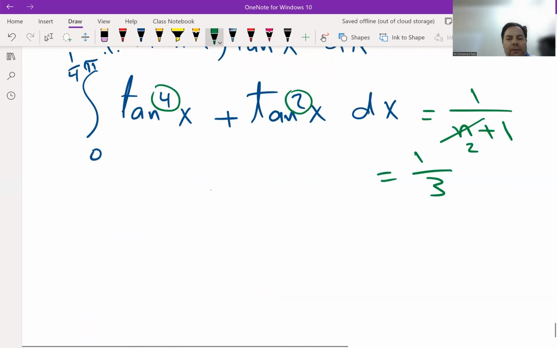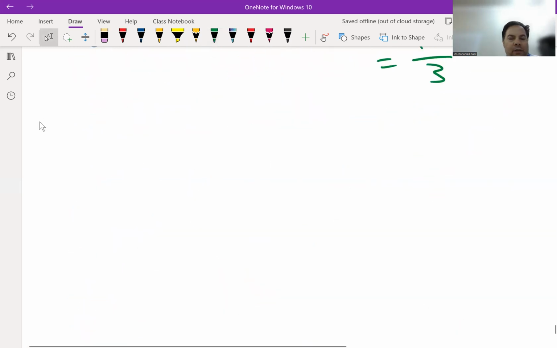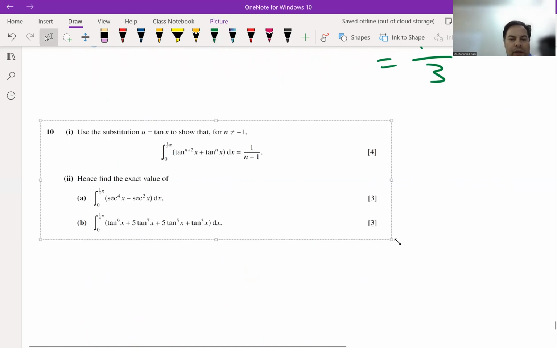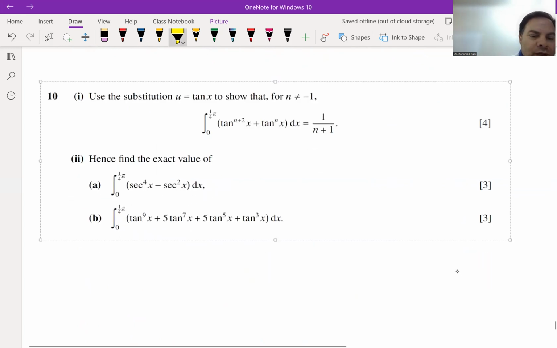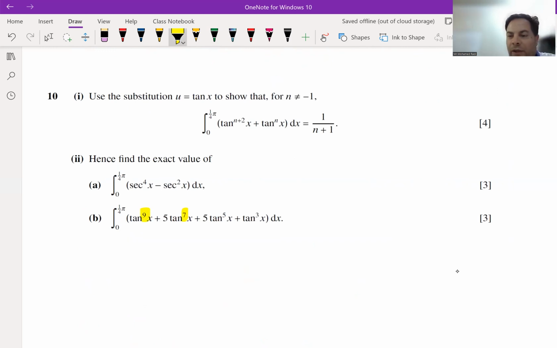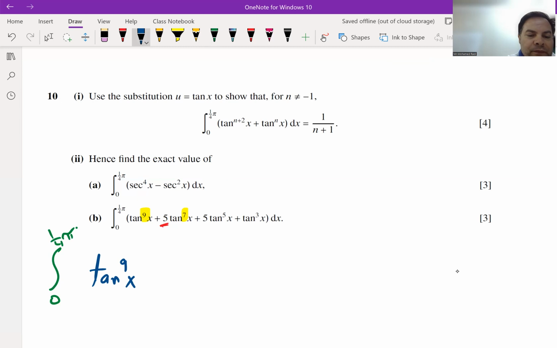Part B. Still, we need to use part A to solve part B. By looking at part B, it started with tan to the power of 9 and tan power of 7, so you can apply it. But the problem is the 5. So I need it without 5. I have to split this part, from 0 to a quarter of pi: keep tan power 9x plus tan power 7x.